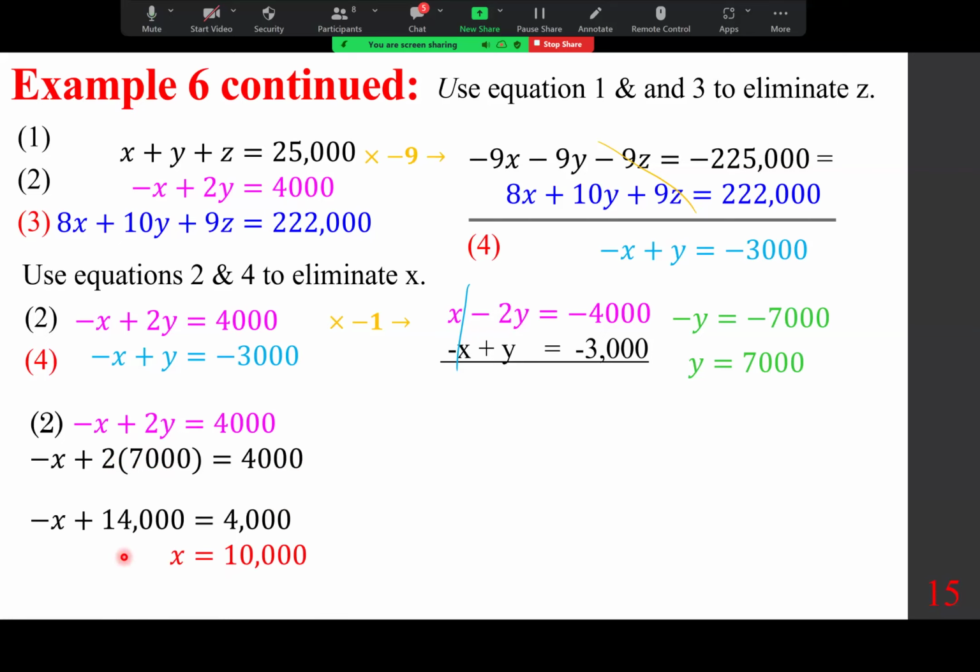And if you move it to the other side, it becomes minus 14,000. The sum is negative 10,000.